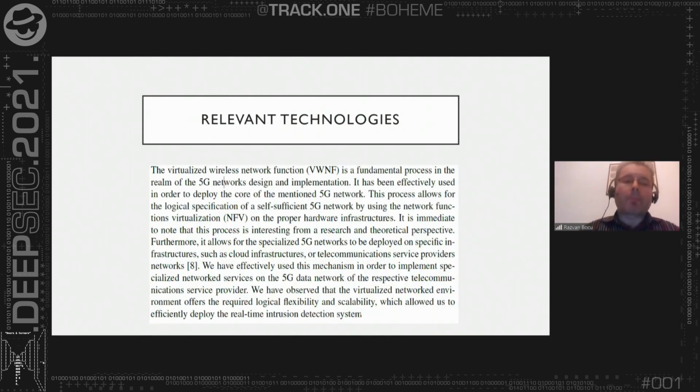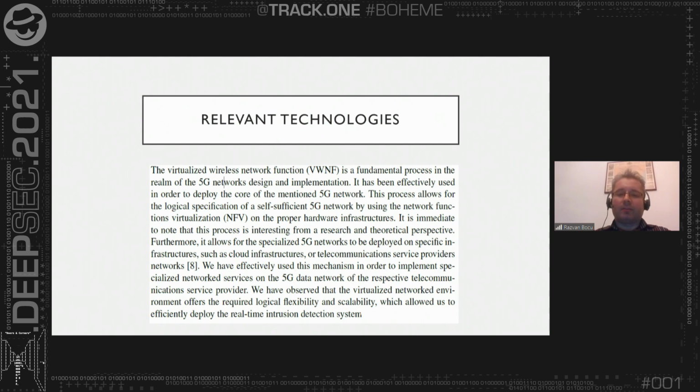Okay, so I'll briefly talk about virtualized wireless network functions. It's the fundamental process that was considered during the implementation of the infrastructure that I report in this research. It has been effectively used in order to deploy the core of the respective 5G networks.